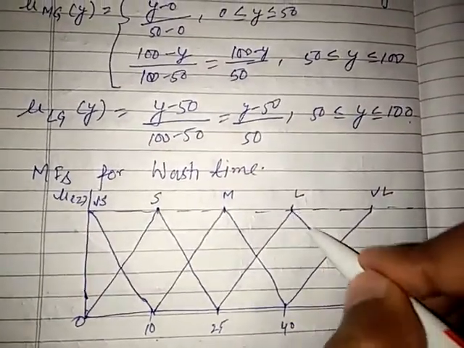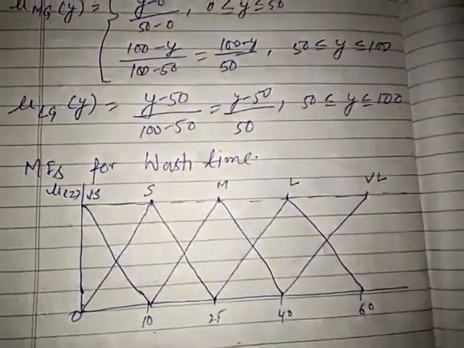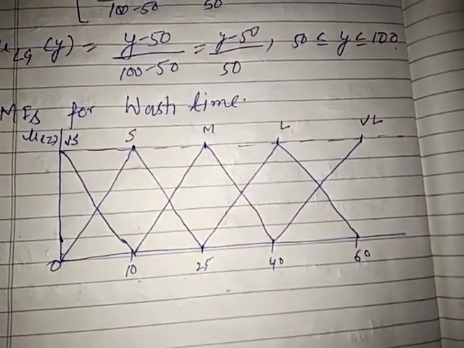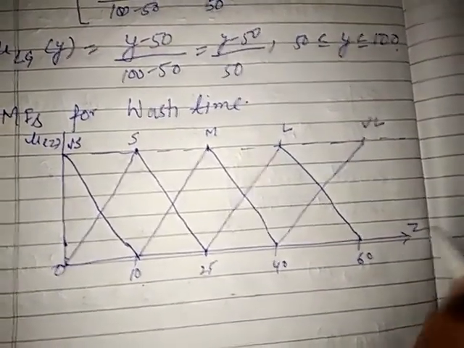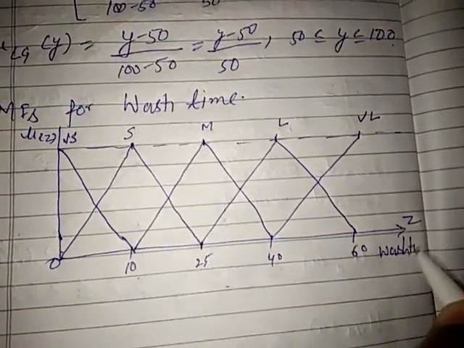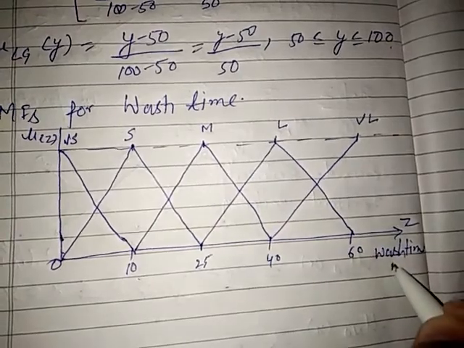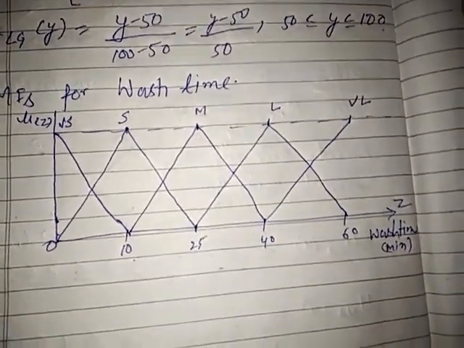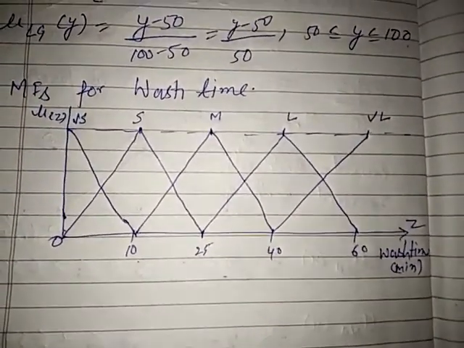That is the triangular membership function we are using here. Here that is the wash time, that is in minutes. We are using the burst time in minutes.